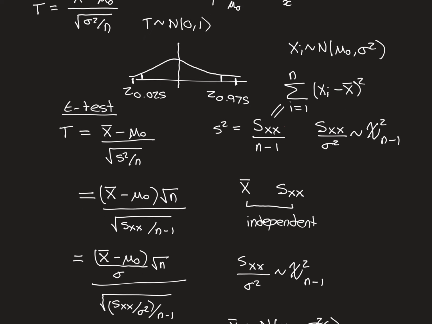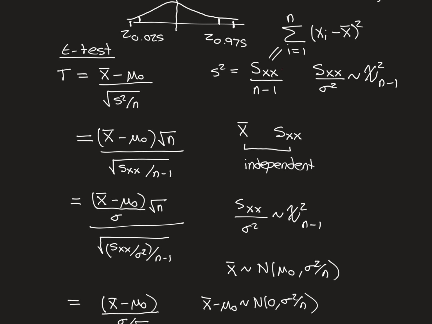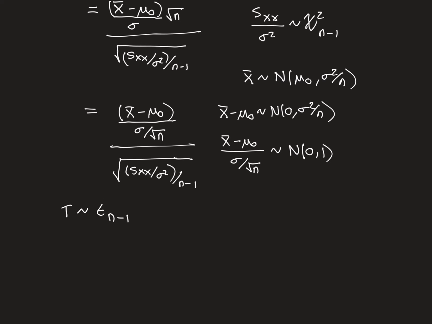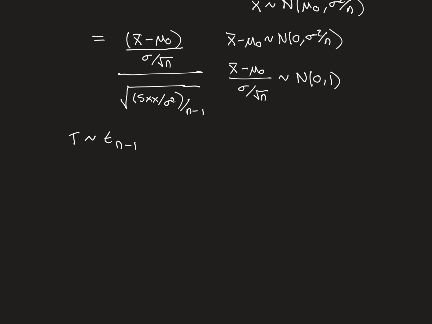If instead you don't have that and you have to use the sample variance, incredibly, it still comes out as a fixed distribution that we will know, and it comes out as this distribution no matter what the actual true sigma squared is of the stochastic distribution that we're drawing from. That's what's incredible. This will work no matter what that sigma squared was. So our test statistic comes out T n minus 1.